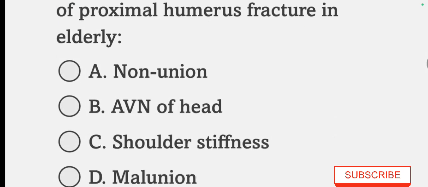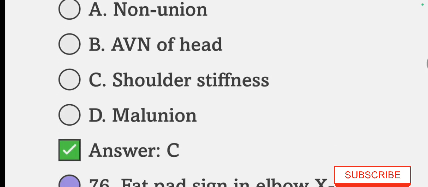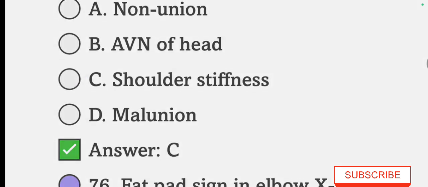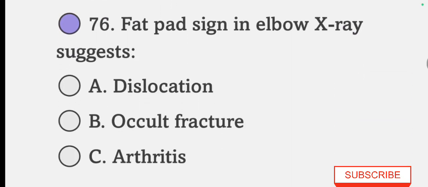Okay, so C option is the correct option: shoulder stiffness. Because in elderly patients, age-related and prolonged immobilization conditions or poor rehab. Malunion may also be a condition, but the most common is the C option, stiffness.